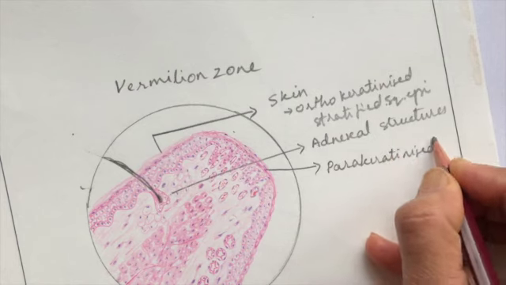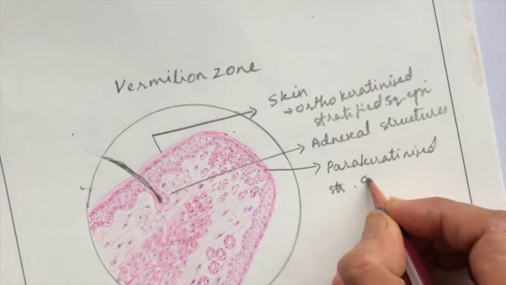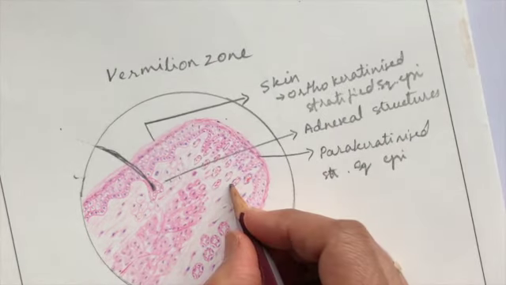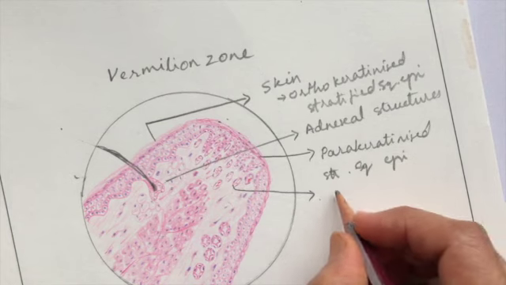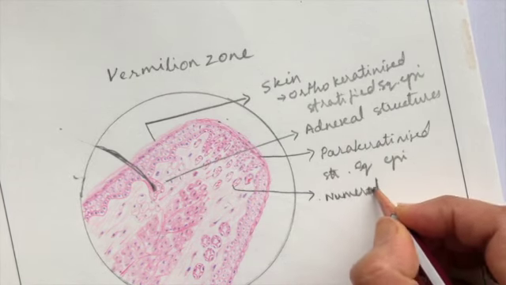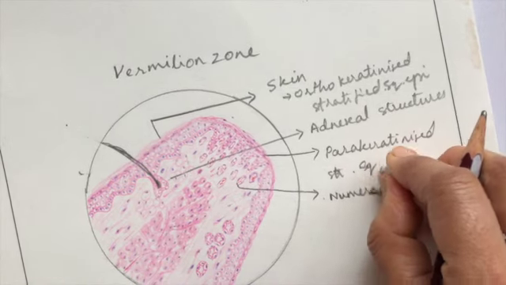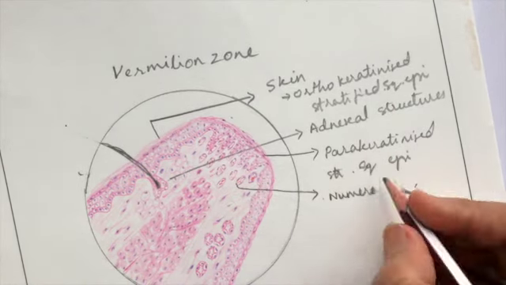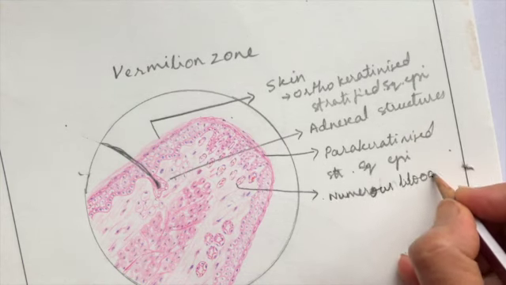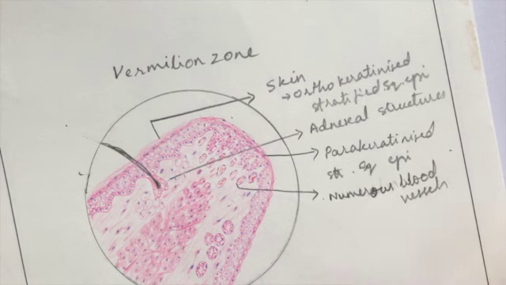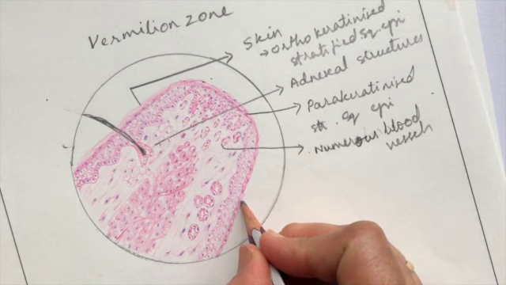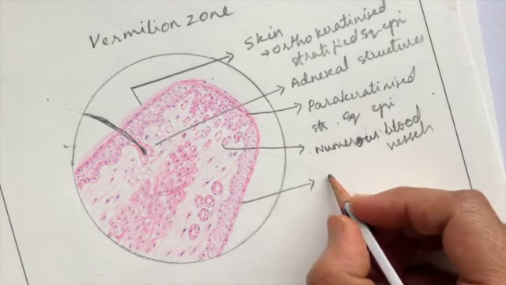parakeratinized stratified squamous epithelium, and underlying connective tissue contains numerous blood vessels. And here is the non-keratinizing epithelium of the mucosal lining.